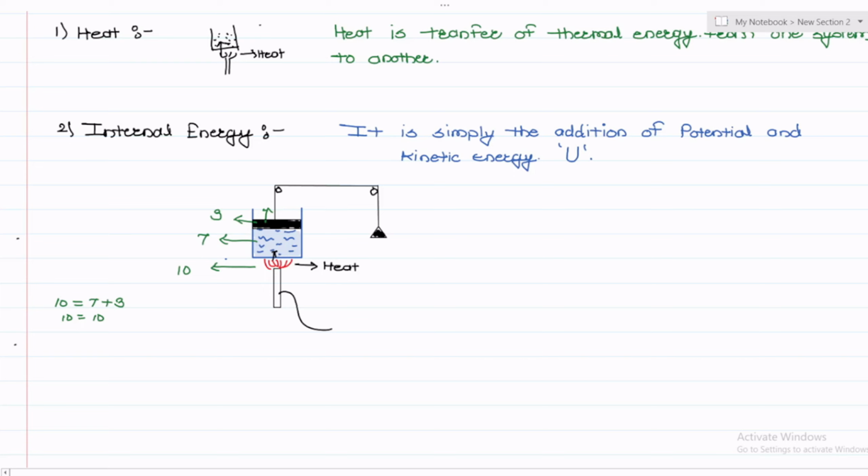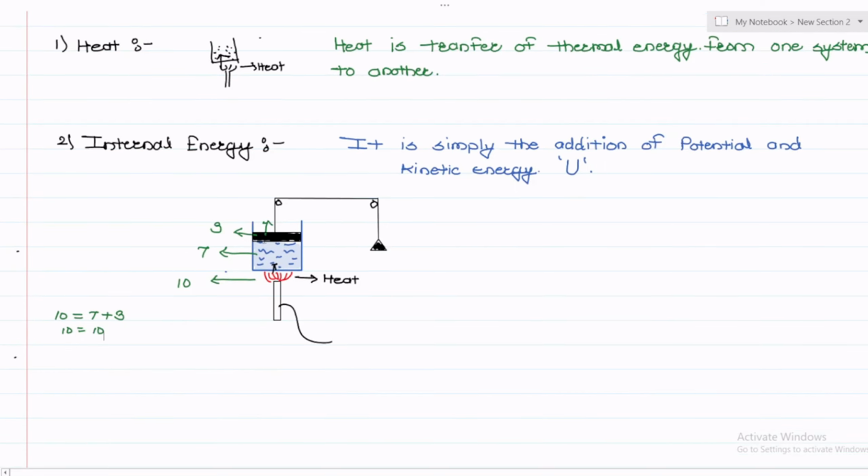This is our first law of thermodynamics, which we are going to study in our next video. So hope you all understood what is the zeroth law of thermodynamics and the difference between heat, internal energy and work done. Okay, thank you.